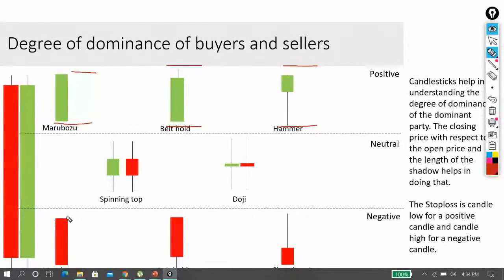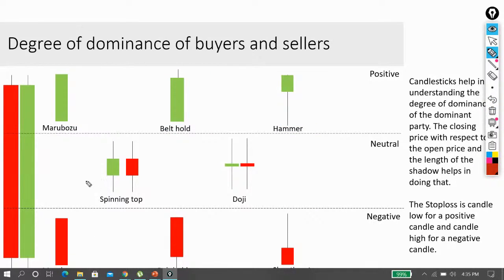So you have to sell below the low and your stop loss will be the high of this candle. A little above the high, not exactly. Same for this and same for this, right? The moment your stop loss is hit, you have to be out of the market. And if your stop loss is not hit, then it's your trade.